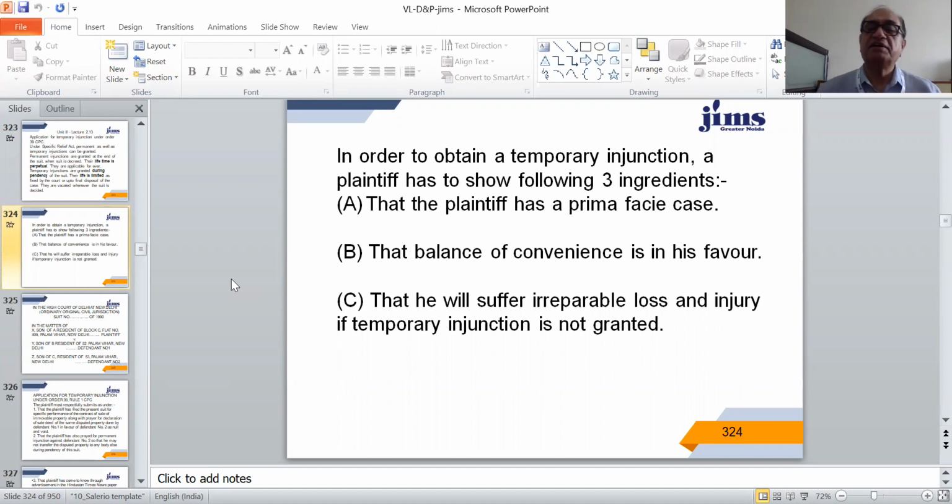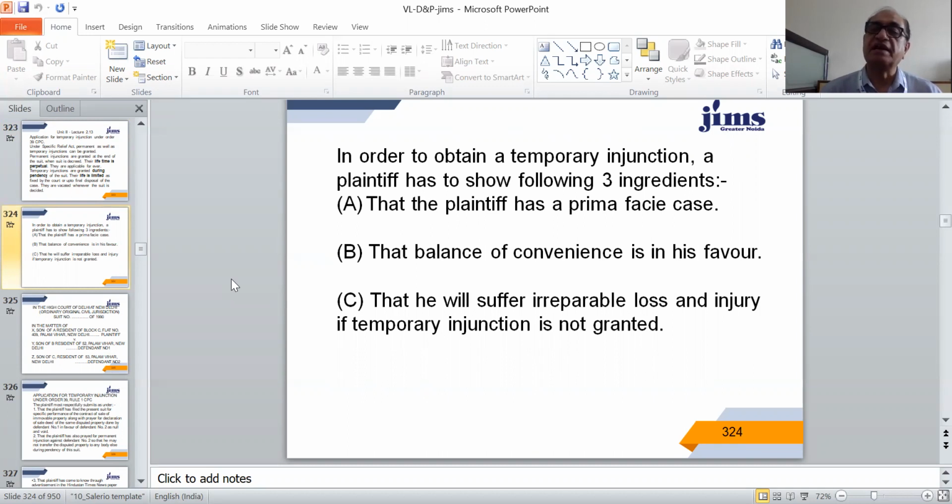A, that the plaintiff has a prima facie case. You will have to explain it to the court, show it to the court, that the plaintiff has a prima facie case. Then B, second part, that balance of convenience is in his favor. This means that if injunction is not granted, the plaintiff will suffer more damage, more harm, as compared to the defendant.